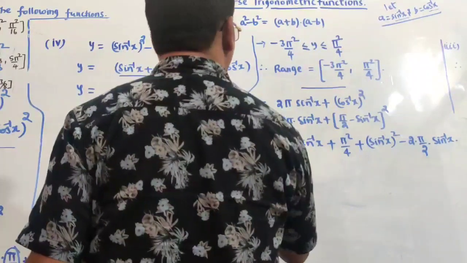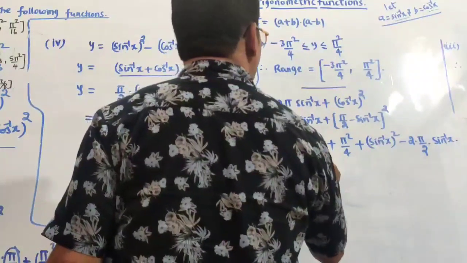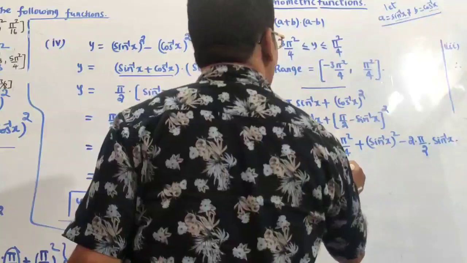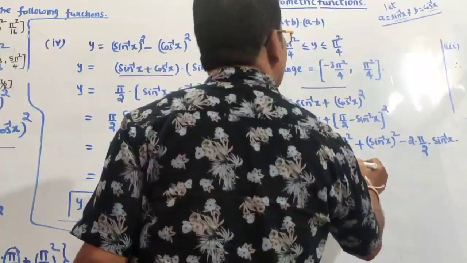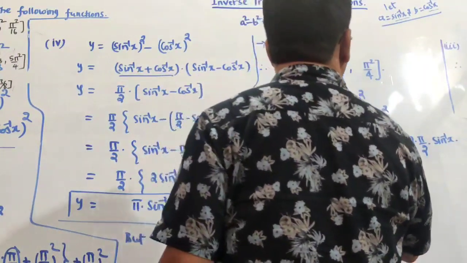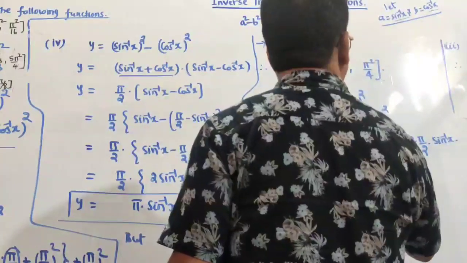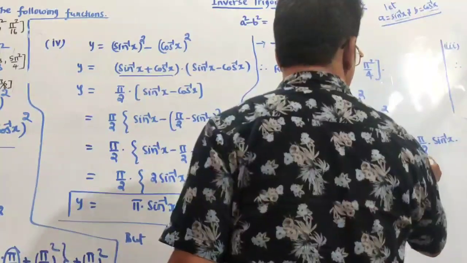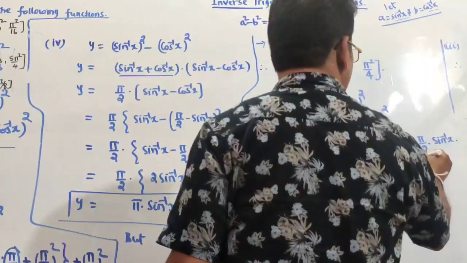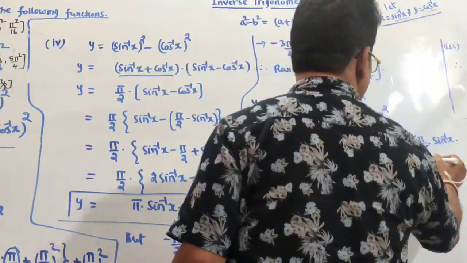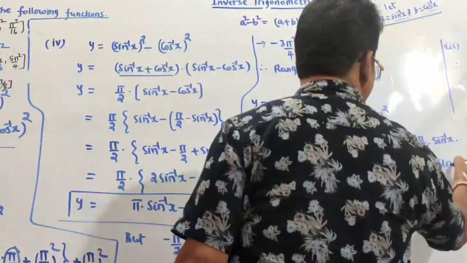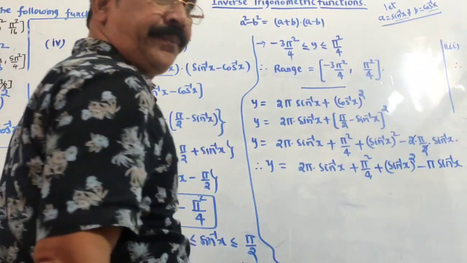So y equals 2 pi sin inverse x plus pi square by 4 plus sin inverse x whole square minus, 2 cancels, pi sin inverse x.